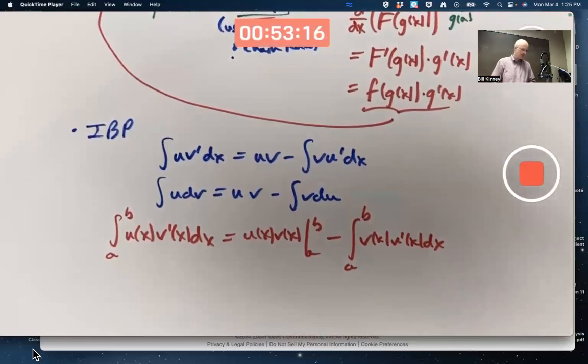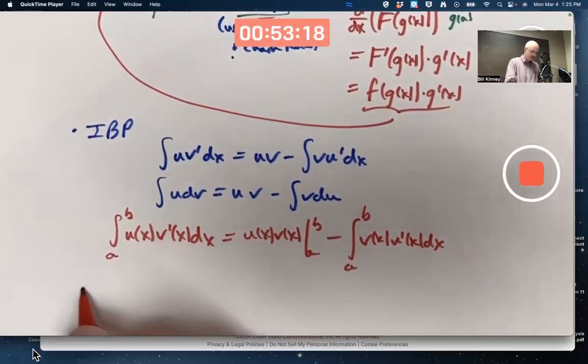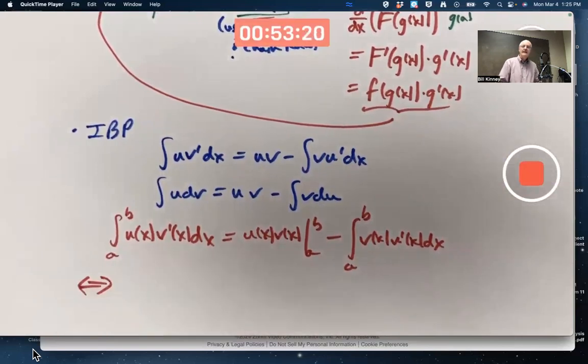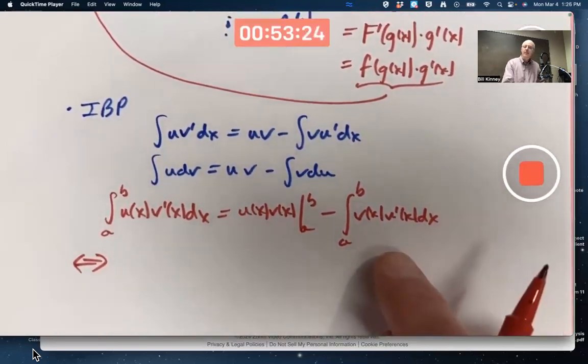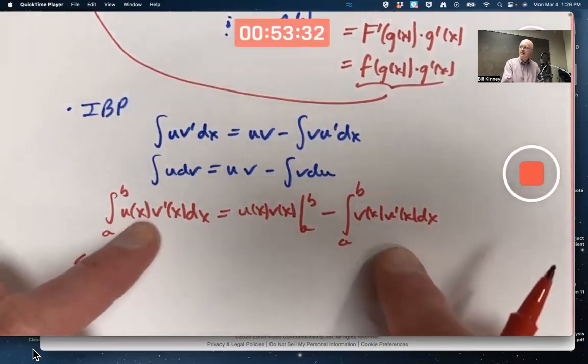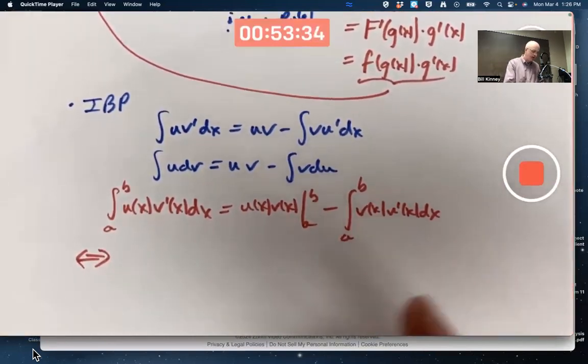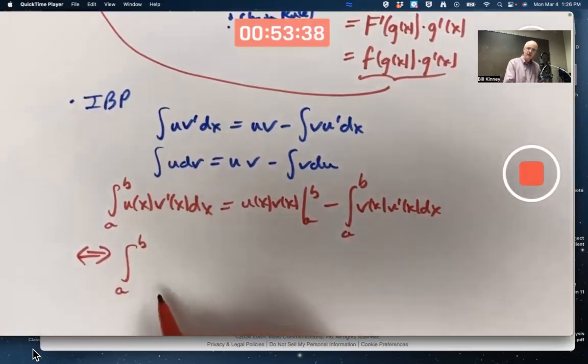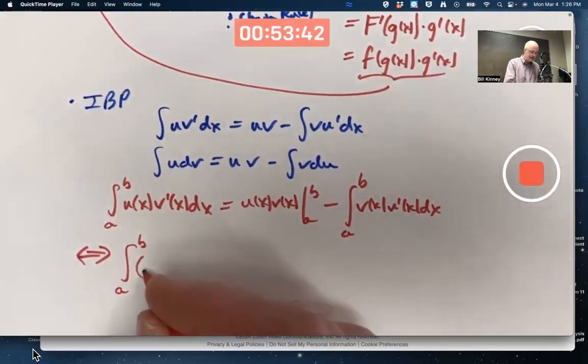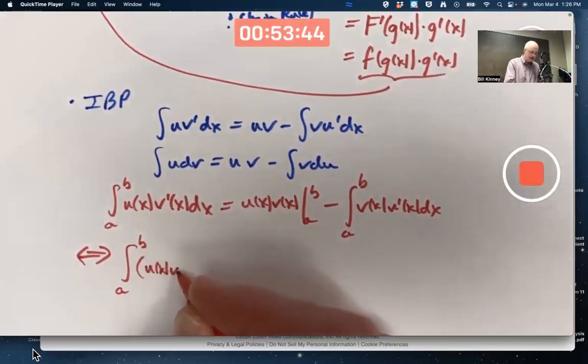Why does this work? It's equivalent to another equation that you can obtain by, first of all, adding this integral to both sides to cancel it on the right, and get this integral plus this integral on the left. And then using a property of integrals that the sum of two integrals over the same interval from a to b is the single integral of their sum.